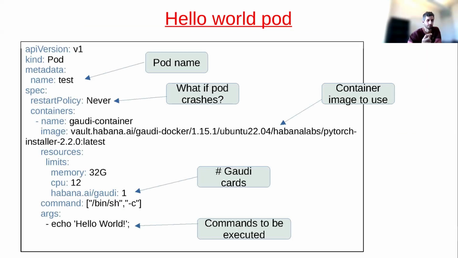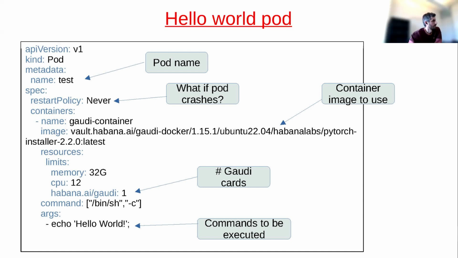So this is a hello world pod. This is the YAML file. This is a very simple pod. So I'm going to describe what we are doing here. First you define the object with this kind, pod, and then you put a name to the pod, for example test. And then you write some specifications, what is inside the pod.